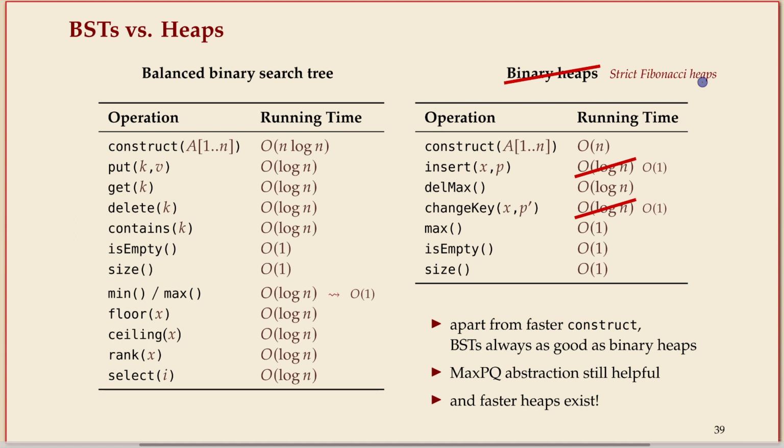But at least in theory, it's possible to support the priority queue operations much faster, so that only delete max is logarithmic, whereas insert and change key are constant time, and that's even in the worst case. And for various reasons that we'll talk about in the sorting chapter, that's completely impossible for binary search trees. So there's a clear separation between those two abstract data types. And so it can be useful to keep those around, even if the best implementation you currently have doesn't seem to get you any edge.